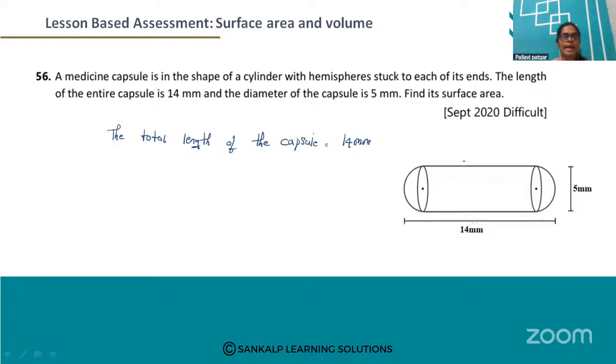So here the diameter of the capsule is 5 mm. So this means the radius of the cylinder and the radius of the hemisphere means 5 by 2. So here radius is equal to 5 by 2. This is equal to 2.5 millimeter. This is the radius of the hemisphere and cylinder.